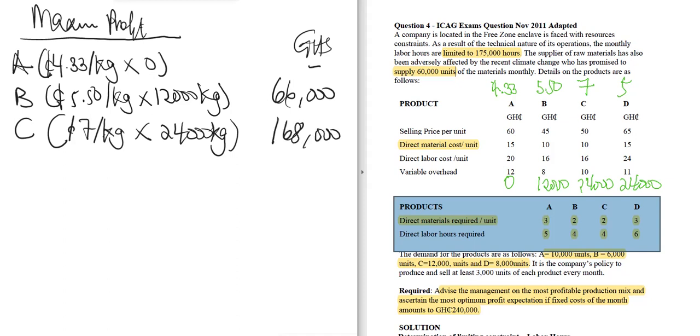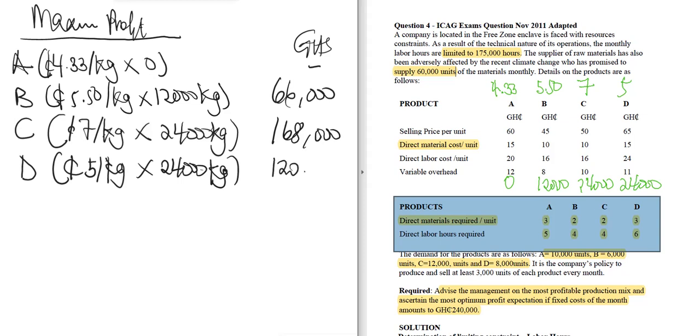So you see here, I'm using the contribution per the limiting factor by the production hours or production kgs, which is based on the production plan. So I think this was 5 per kg also. And I think we are producing 24,000 kg, or we are using 24,000 kg of materials. So 5 by 24,000, that is 120,000 also.